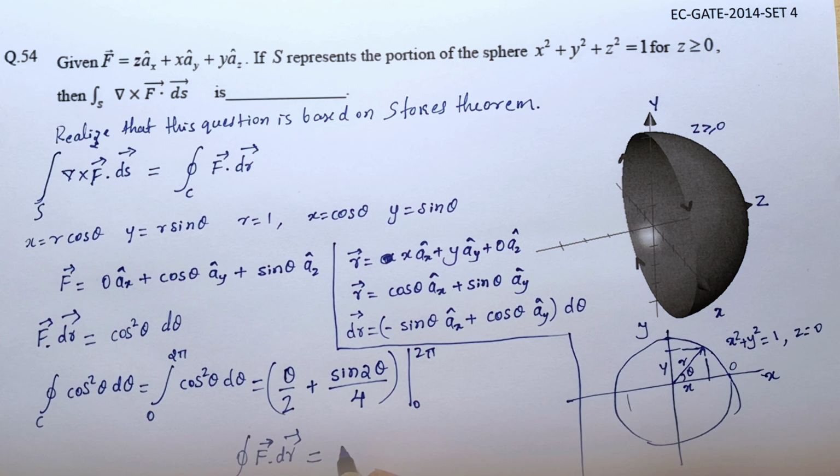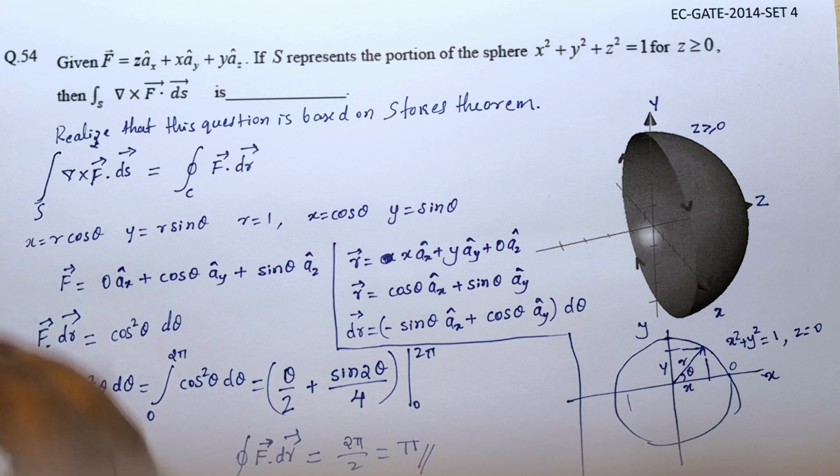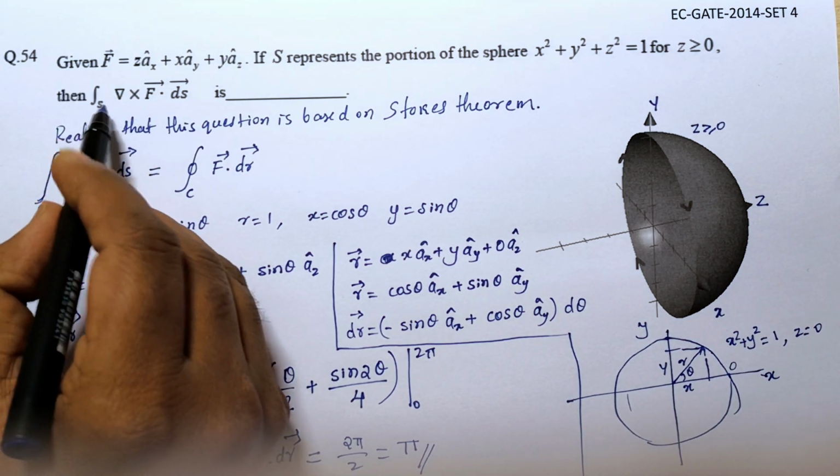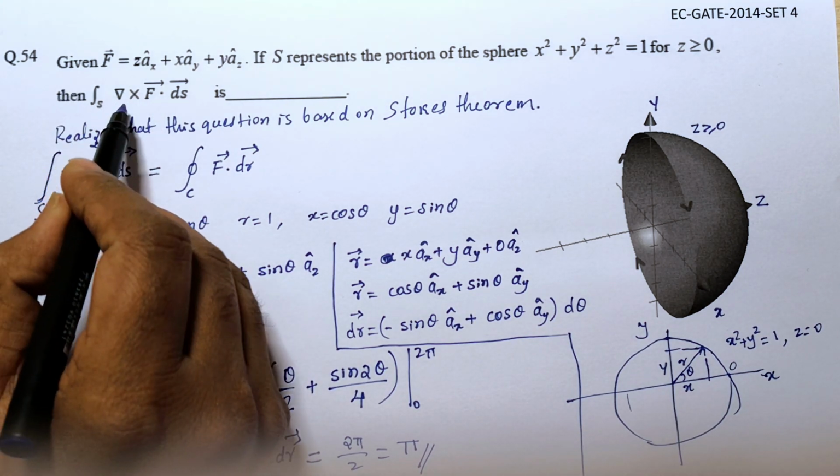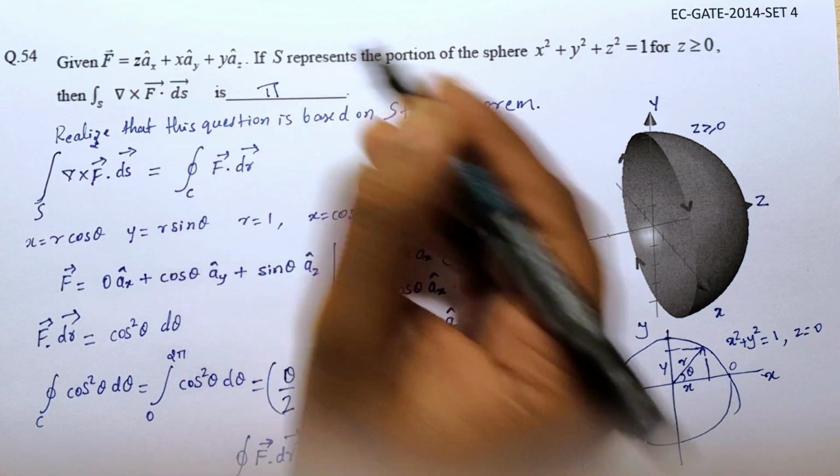The sine term is 0 and the first term will be 2 pi by 2, so it is pi. So the value of the surface integral of curl of F dot dS is pi.